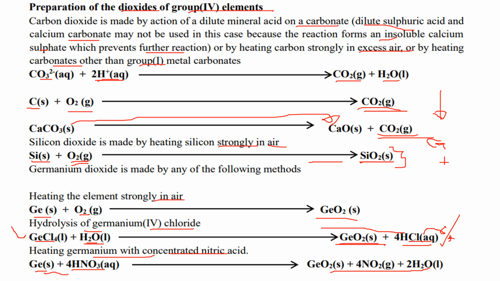You write the equation for nitric acid being reduced, and also you write an equation for germanium being oxidized to germanium oxide, and then you combine those 2 equations by eliminating electrons, so that you can see how equations of concentrated acids can easily be balanced. Don't just master or cram coefficients. So reacting germanium with concentrated nitric acid, you'll be getting germanium 4 oxide together with nitrogen dioxide and water.